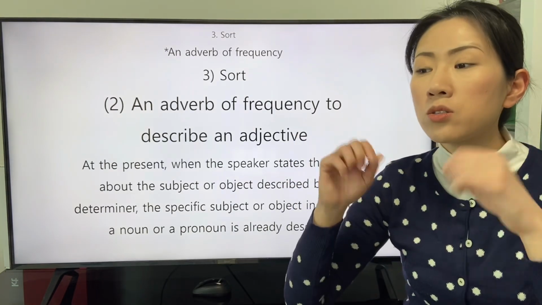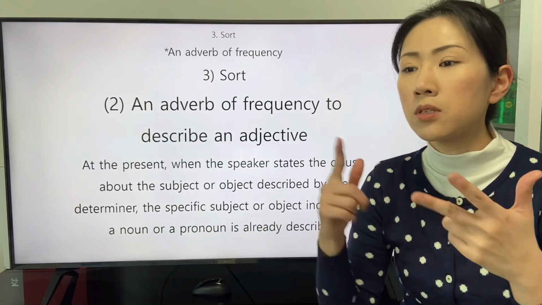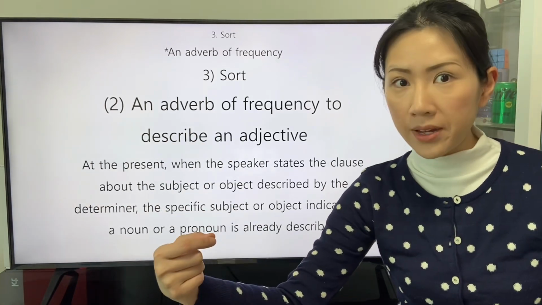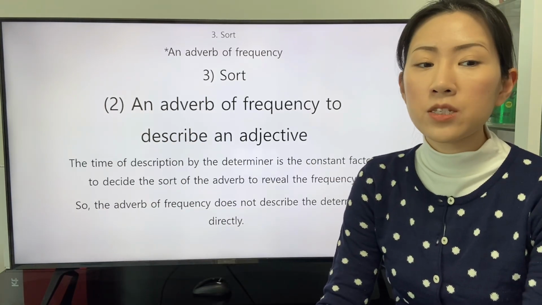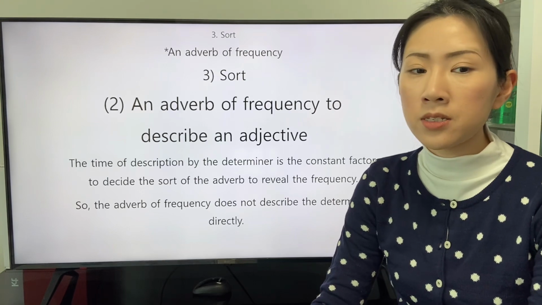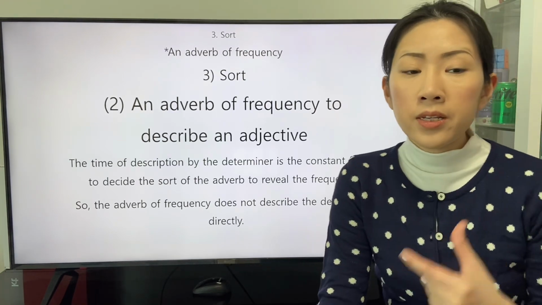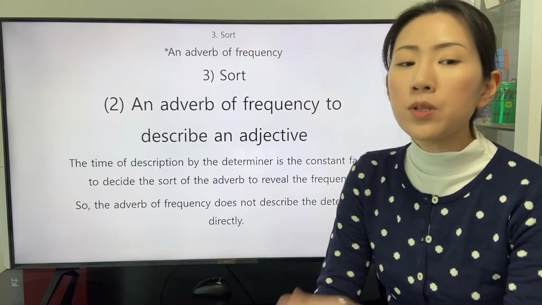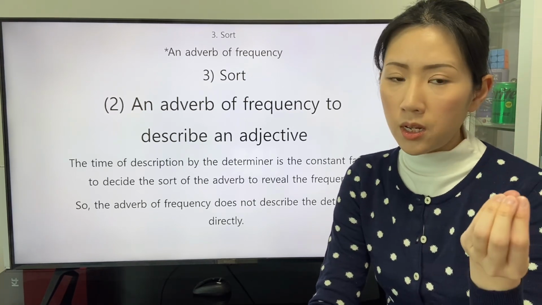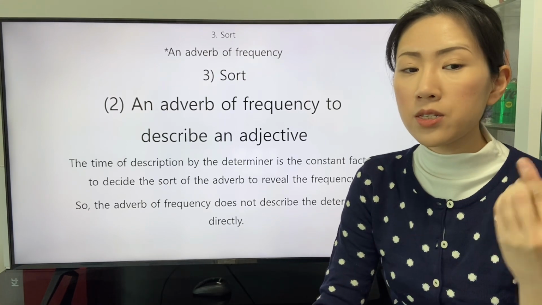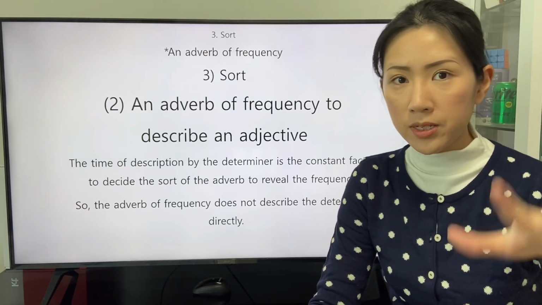The speaker does not count the times that the subject and the object are specified. The types of description by the determiner is the constant factor to decide the adverb to reveal the frequency. So, the adverb of frequency does not describe the determiner directly.